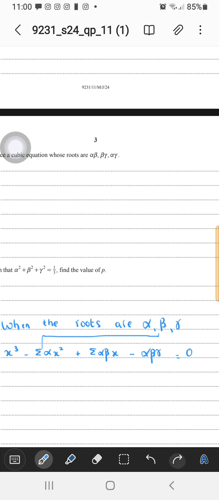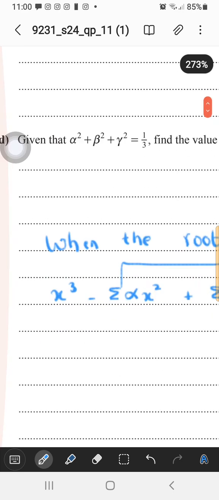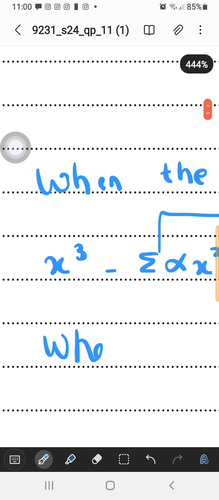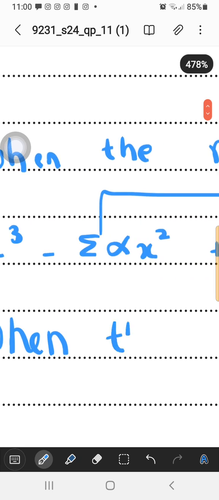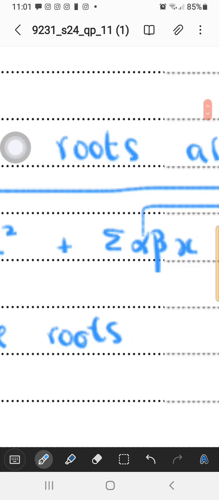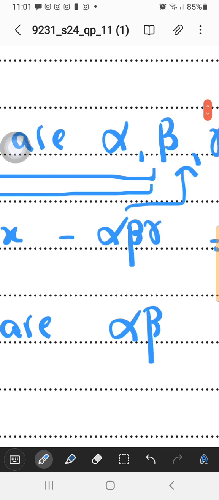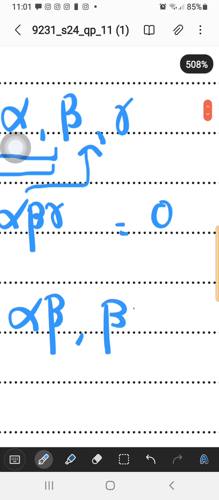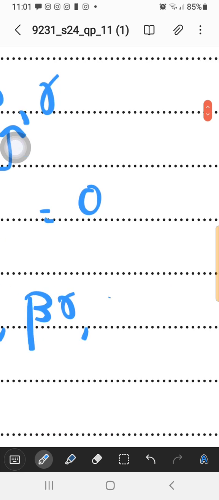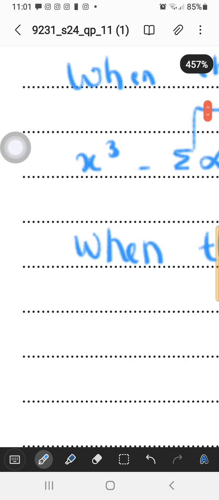And alpha beta gamma is the multiplication of these three. Now when the roots are alpha beta, beta gamma and alpha gamma, what will we do?